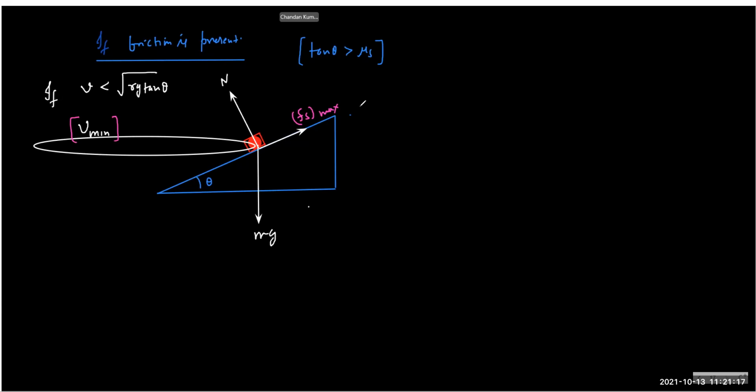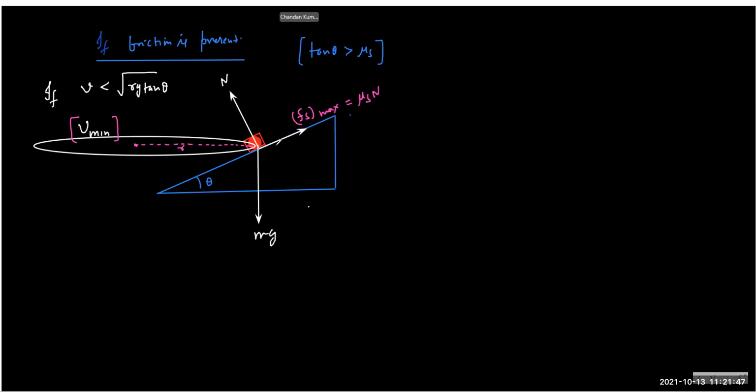If I go beyond this value, again I will slip down. So now what we are trying to calculate is the minimum velocity with which you can move on a banked road, and the inclination of the banked road is definitely more than the repose angle. So in case you go beyond this, you will go down for sure.